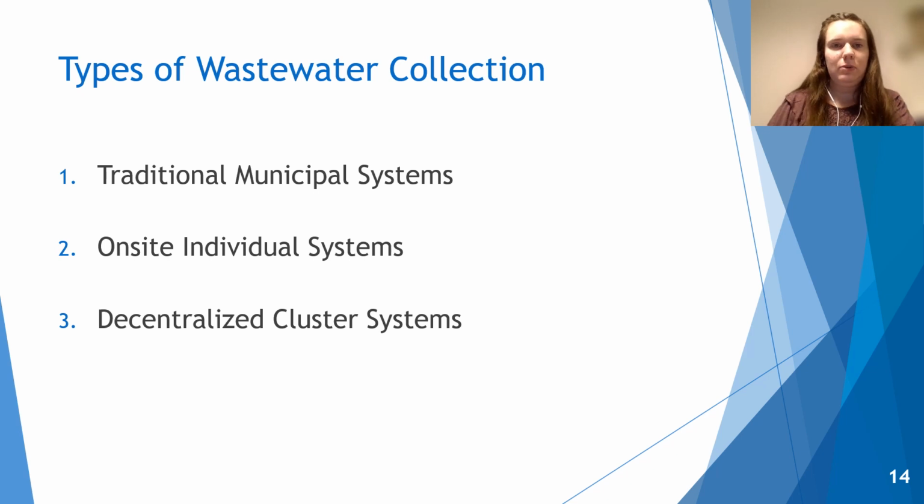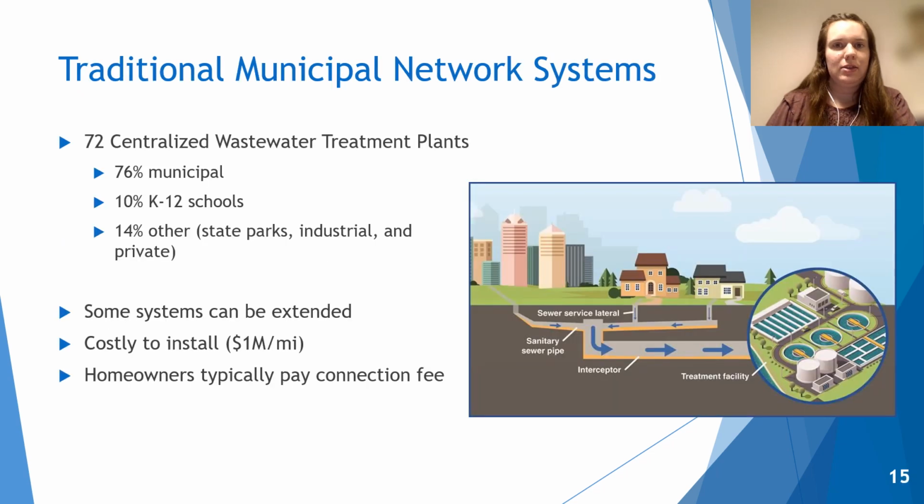There are three main ways that wastewater can be collected: using traditional municipal systems, on-site individual systems, or decentralized clustered systems. In the Black Belt region, there are 72 centralized wastewater treatment plants. 76% of these are for municipalities, 10% are for K through 12 schools, and then 14% are for other areas such as state parks or industrial, or they're for private businesses.